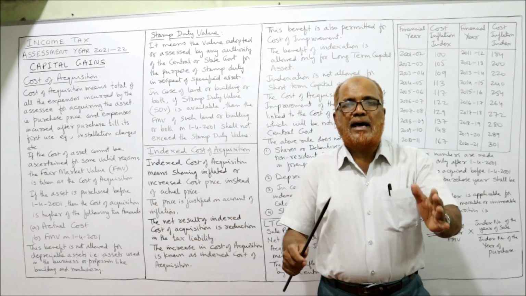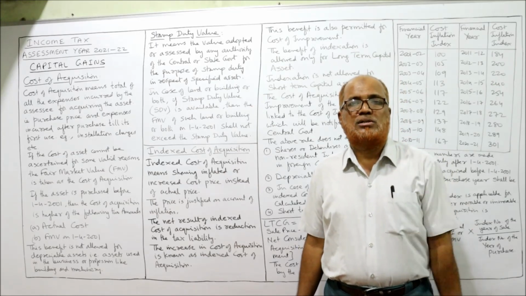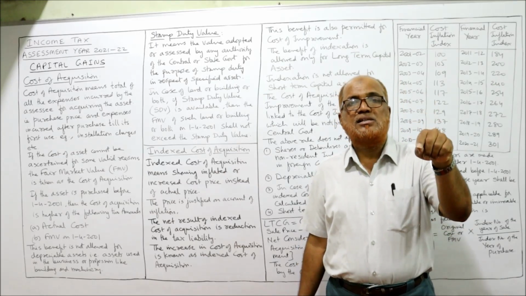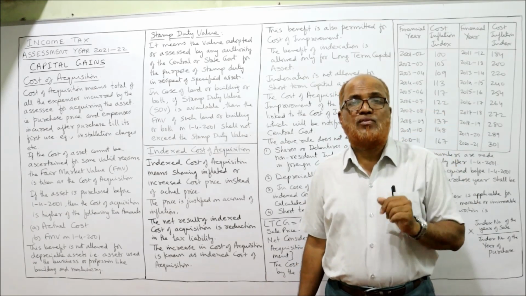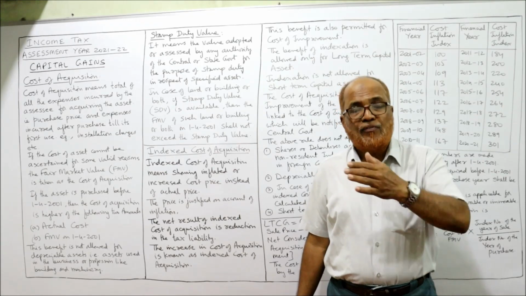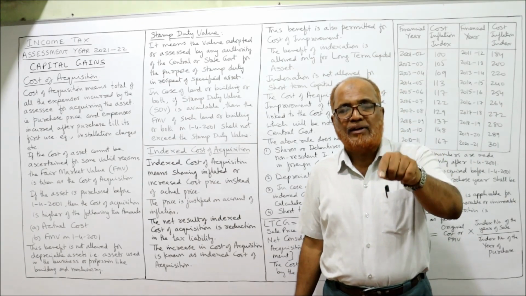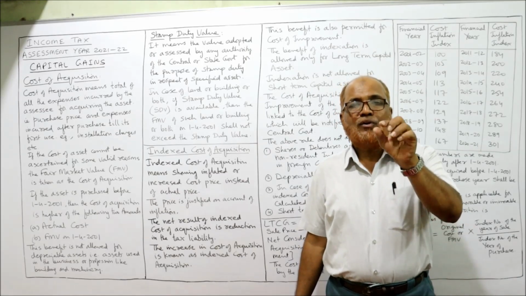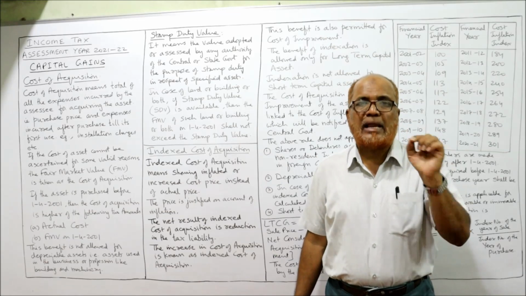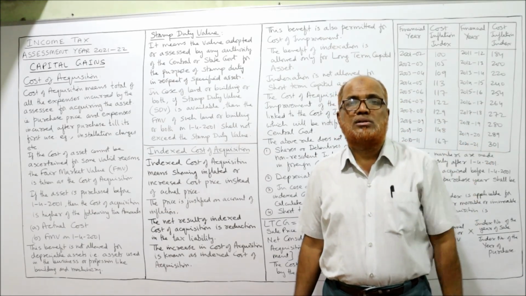Example, an assessee has purchased a building for rupees 10,000 in 1968, before 1/4/2001. And the value of the building on 1/4/2001 was, let it be, 2 lakh. The fair market value is 2 lakh, whereas the actual cost is 10,000.